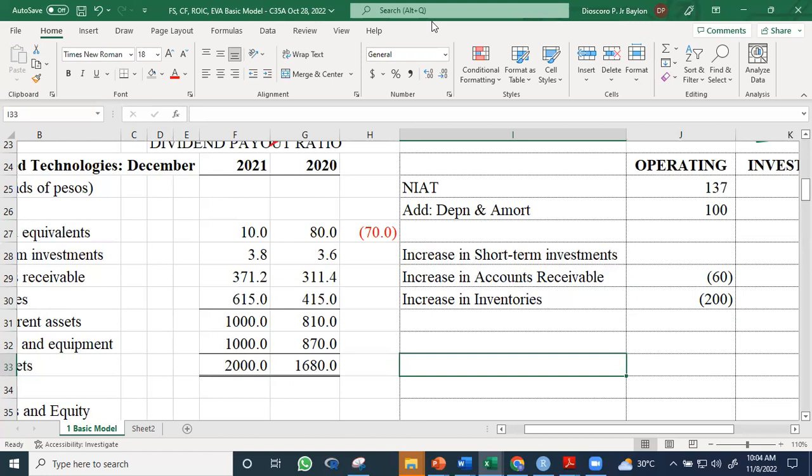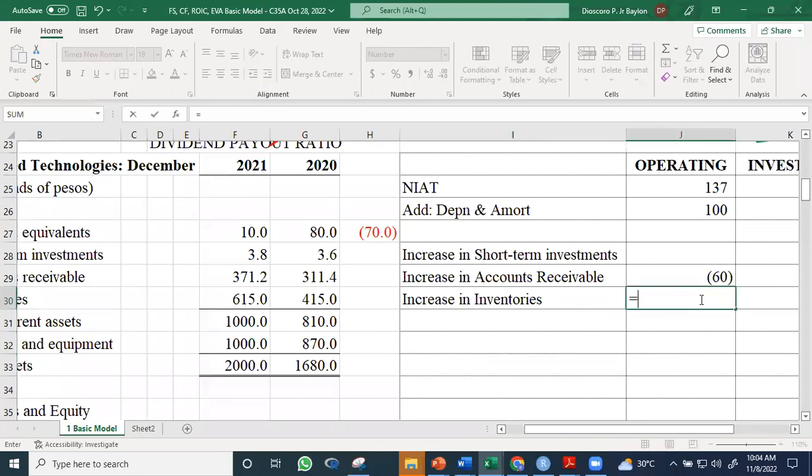Patricia. Use of cash po. A use of cash na siya, di ba? Right. It now becomes a use of cash. But we said that increase in inventories is a source of cash. So that's why it should be. So we want the positive. So we subtract the bigger to the smaller, right?